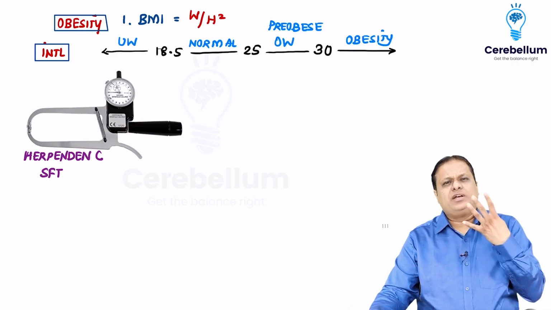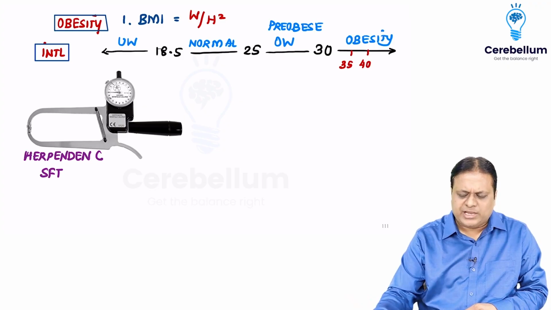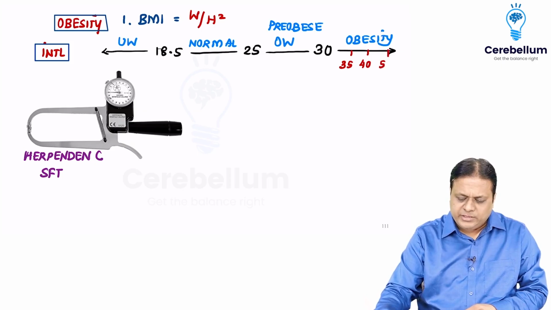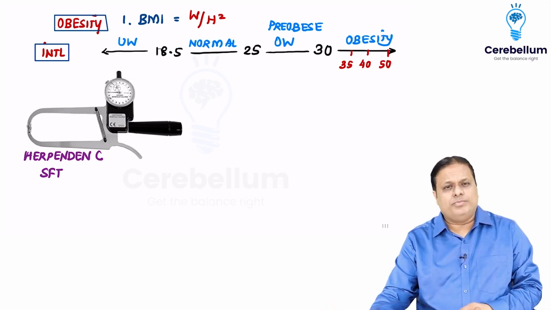Obesity is further divided into 4 grades: 30 to 35 grade 1, 35 to 39.99 grade 2, 40 to 50 grade 3 morbid obesity, 50 and above super obesity.